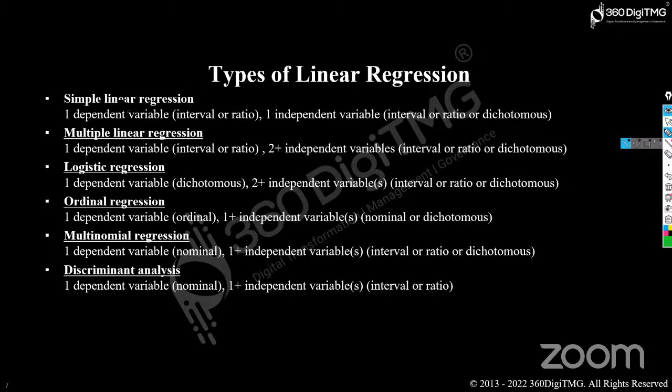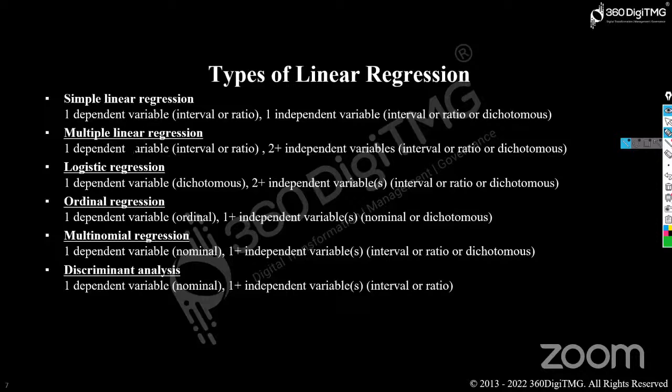When we talk about simple linear regression, if a single independent variable is used to predict the value of a numerical dependent variable, then such regression is called a simple linear regression.